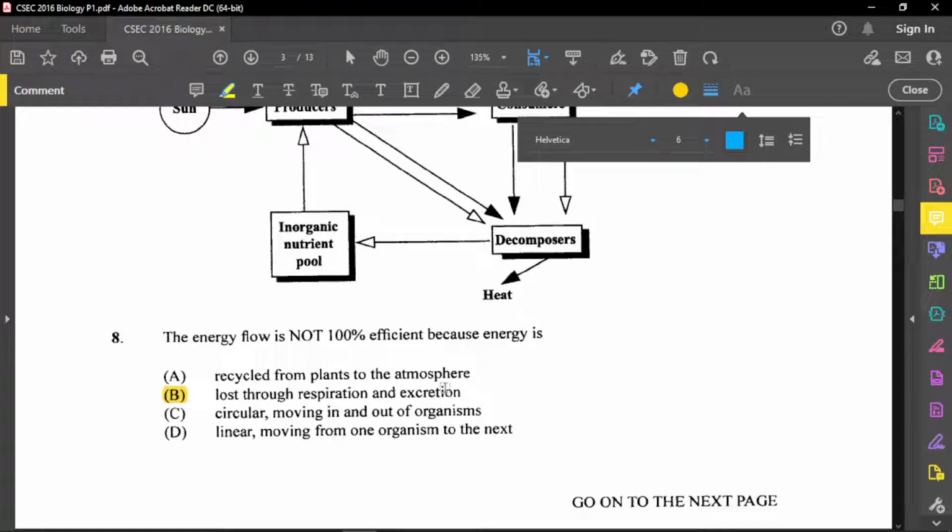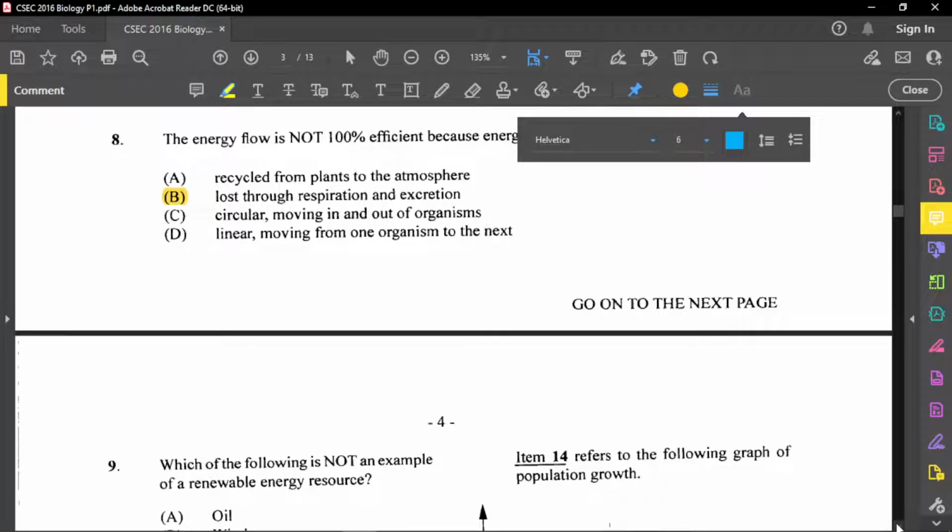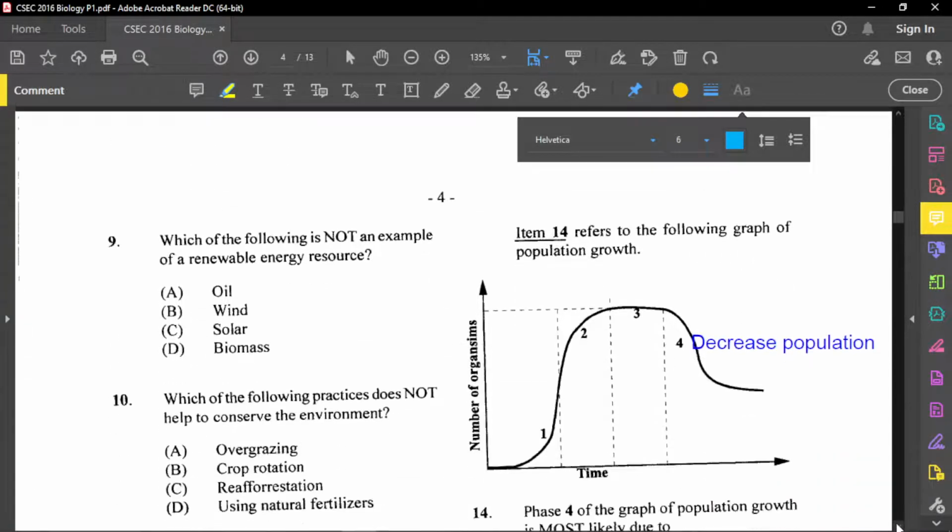It lost energy through respiration and excretions. Remember, every organism will use the energy obtained from the previous organism to carry out respiration so they can carry out their life functions. In any food chain, we refer to that as a standard value that energy decreases by 10%. It's not 100% efficient because energy is lost by using energy to carry out their own functions.